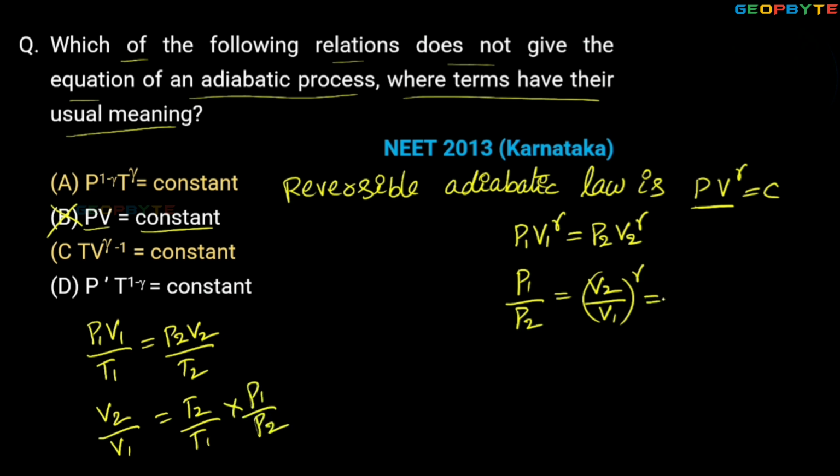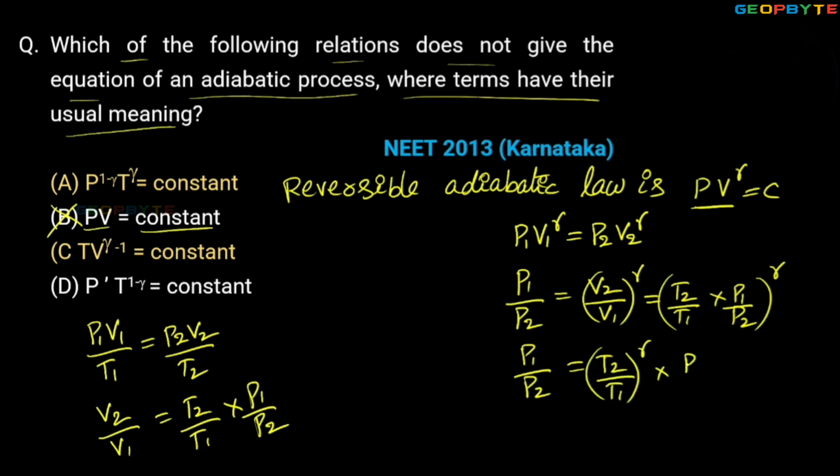So in place of V2 by V1, I write T2 by T1 into P1 by P2, all power gamma. Bring the P1 by P2 power gamma to the left side. That becomes P1 by P2 power 1 minus gamma equal to T2 by T1 power gamma.